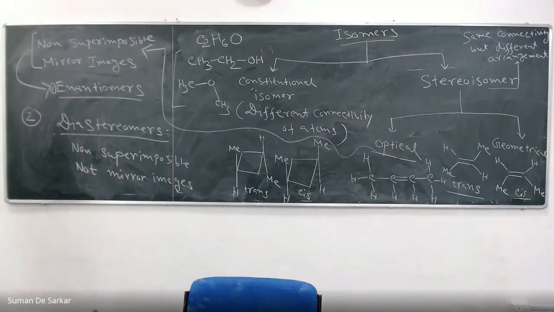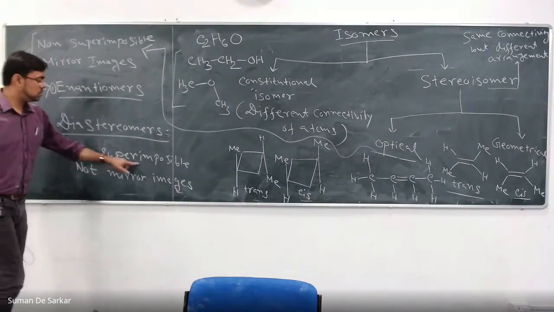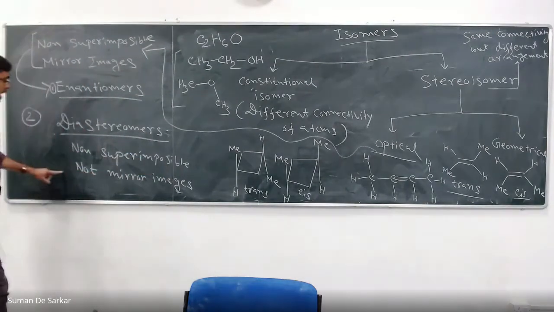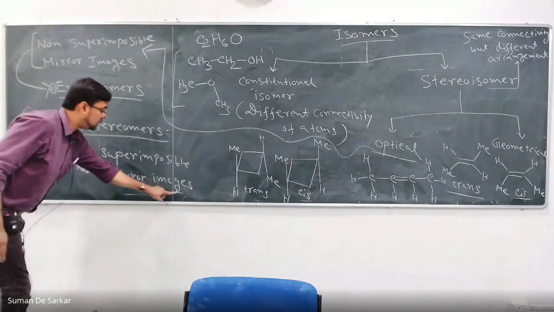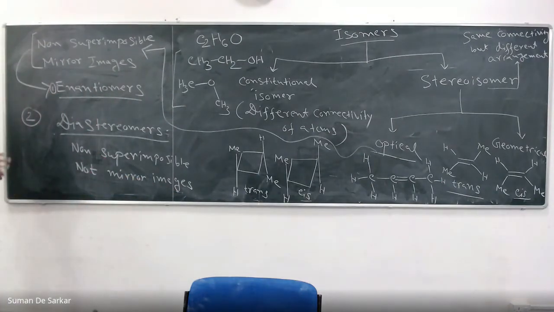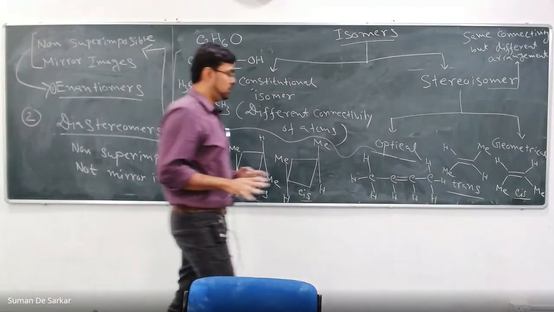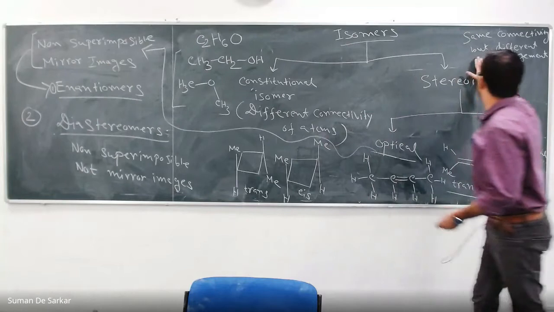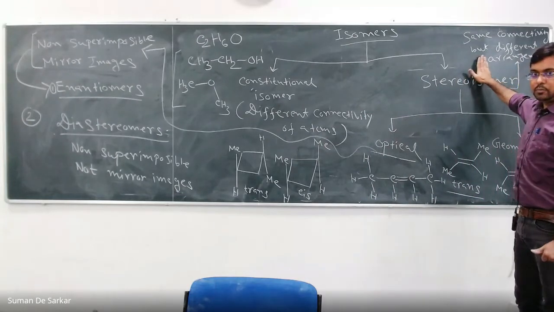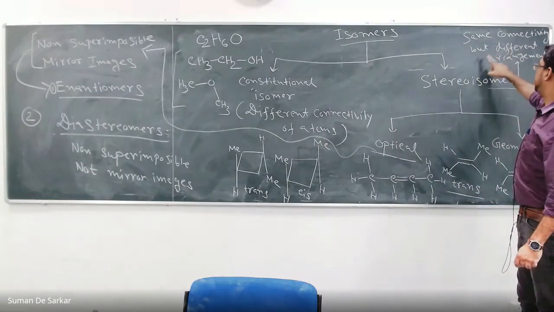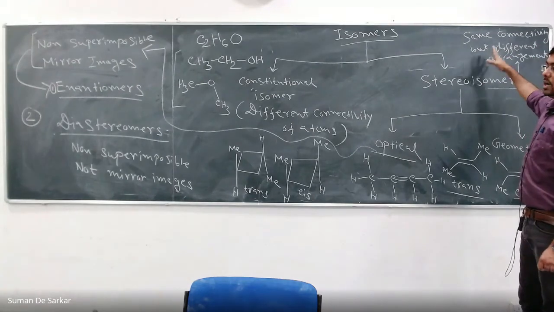Here, non-superimposable, yes, but if those two are mirror images, then enantiomers. But here, both are no. These two molecules which are non-superimposable as well as not mirror images will be called diastereomers. But keep in mind they have to fulfill this criteria, at least up to this point, that the connectivity must be the same, but the arrangement will be different.